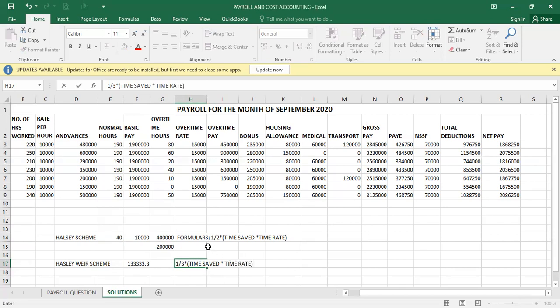And to get our time saved, it will be equal to the time allowed, you can call it allowed or the standard time, minus the time taken.